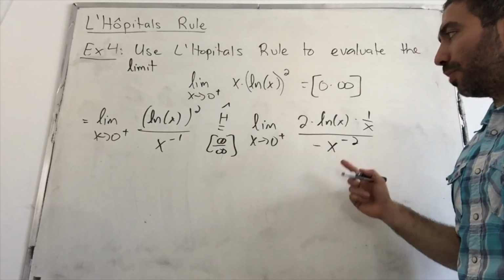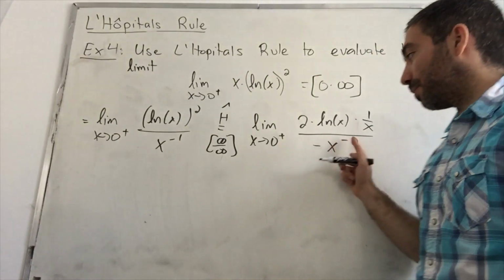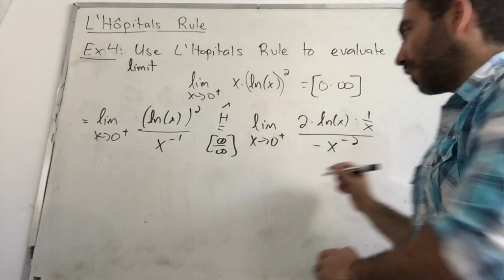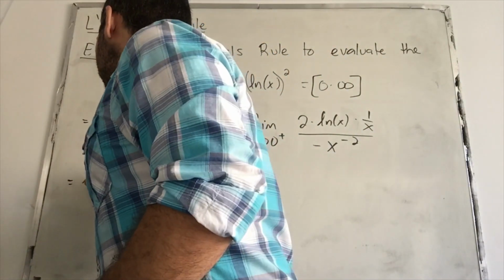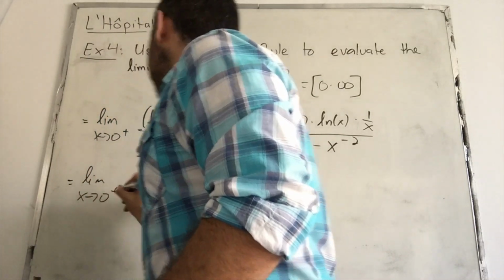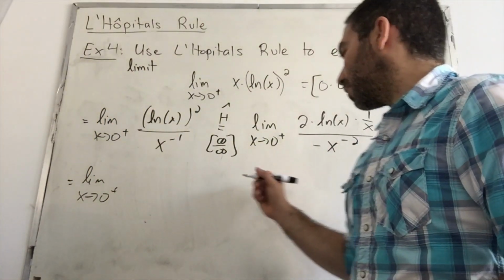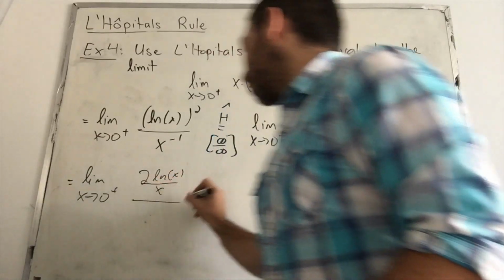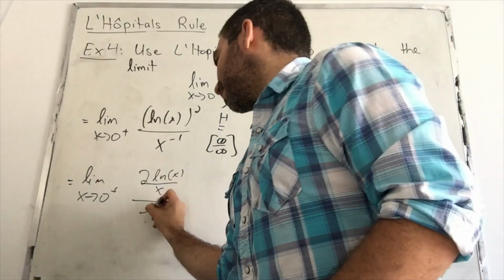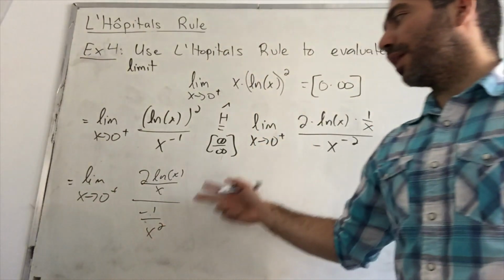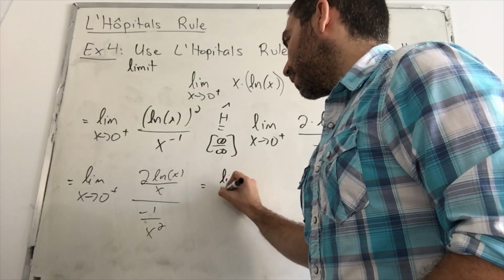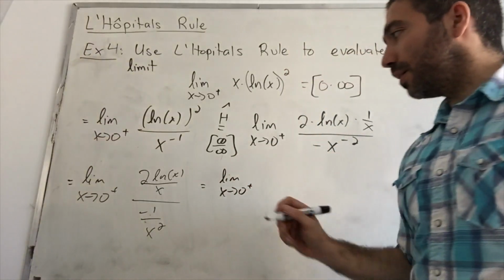Okay. So before we use L'Hopital's rule again, let's simplify this. Do it down here. We get the limit as x tends to 0 from the positive side of 2 ln of x divided by x, all that divided by negative 1 over x squared. Now we're going to flip it, giving us the limit as x tends to 0 from the positive side.